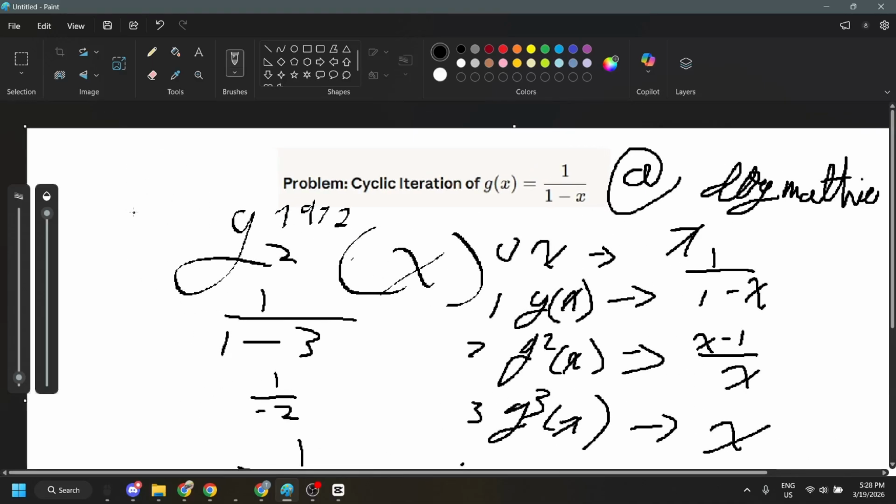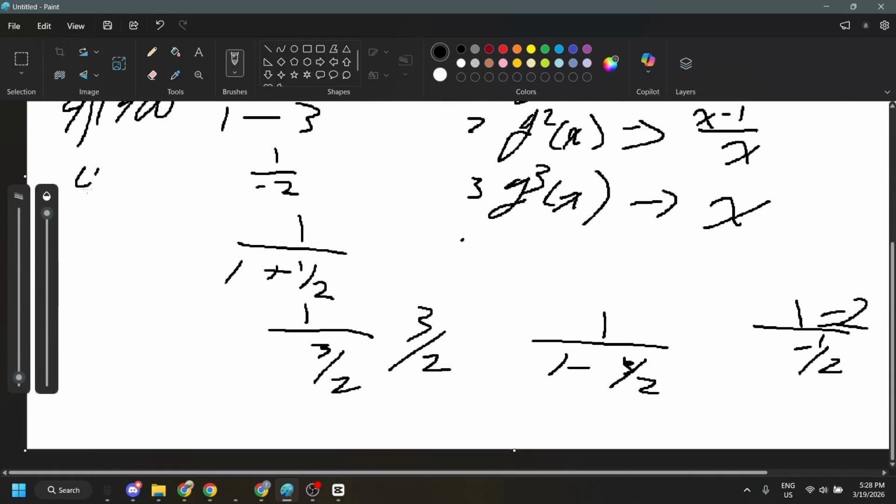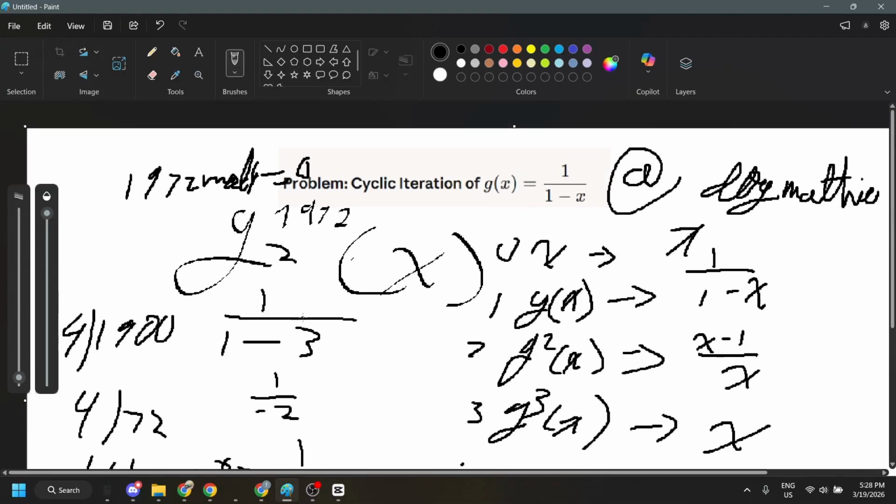So 1972 mod 4 is equal to 0, because we know 4 divides 1900, that's divisible by 100. 72, 4 divides 72, because 4 divides 80 minus 8. So that's 0, so it should just be equal to x, is my solution.